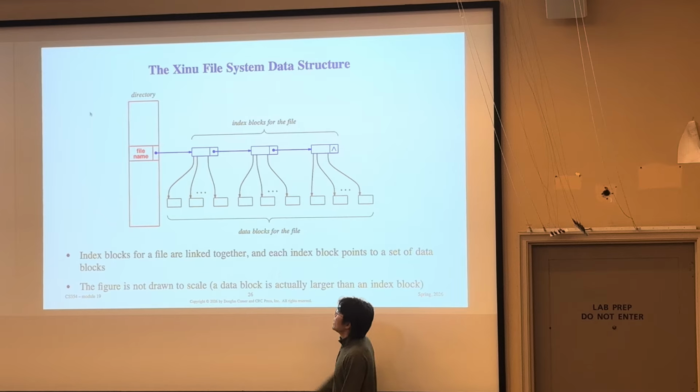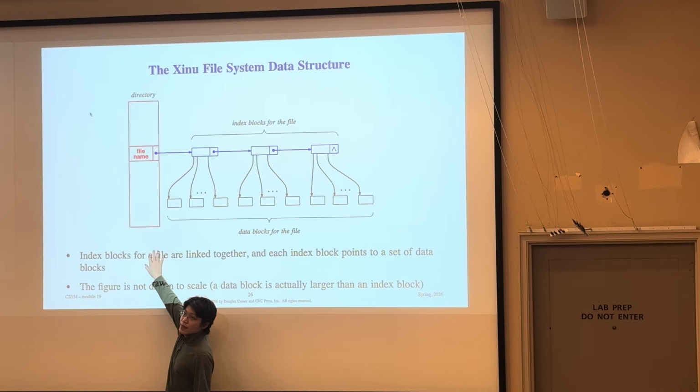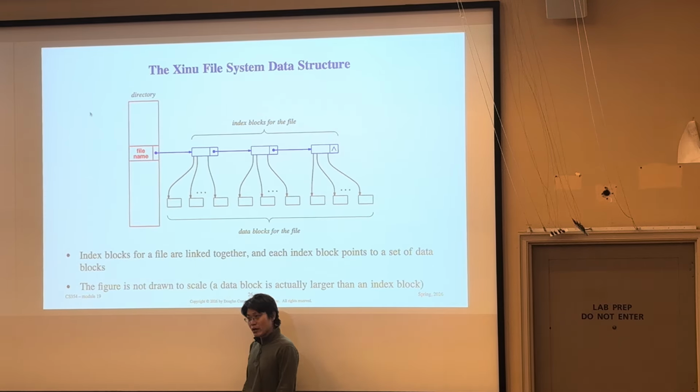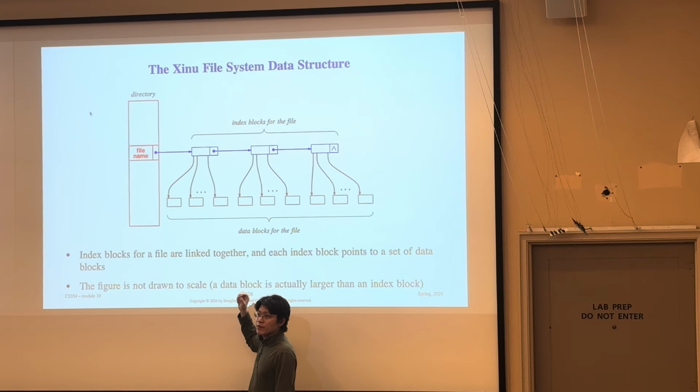The index block has indexes to these data blocks. In the directory, you have a directory entry, which is the file name mapping to the pointer, or the index, to the first index block of this file. At any point in time, the Linux file system has one index block and one data block for a file. What does that mean?